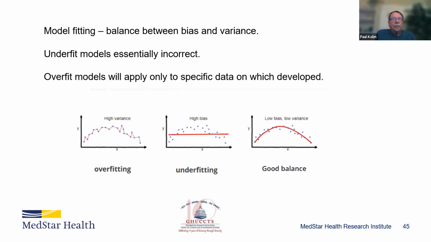When you overfit a model, you have high variance, as in the left-hand graph there. If you underfit, then you have high bias. And you can see that underfit models basically are incorrect models. And then what you want is to strike a balance where you have low variance and low bias, if possible.